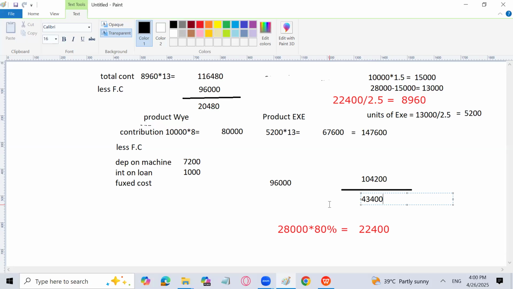And the overall profit has also increased, because while producing X only we were getting profit of 20,480, but now we are getting 43,400. So profit has almost doubled. And we are also able to produce another product. Though we have to go for an outflow for machinery, and we'll take a loan, which has to be repaid at some stage, obviously.